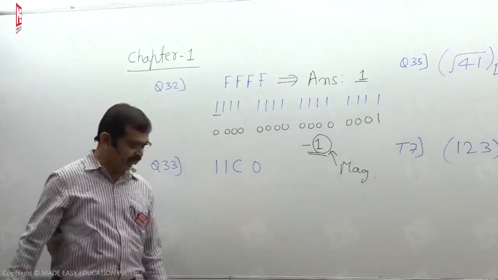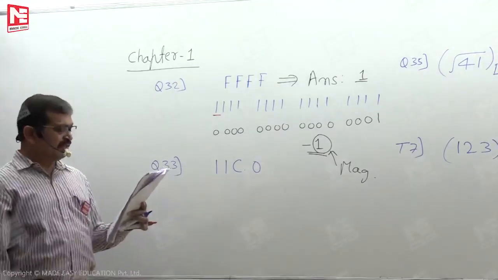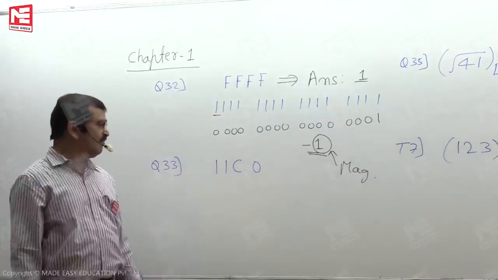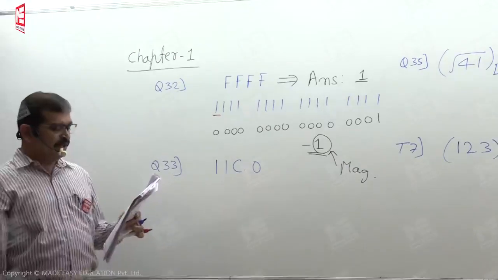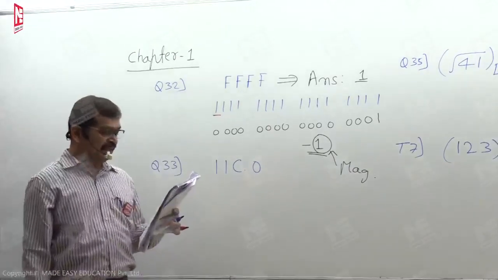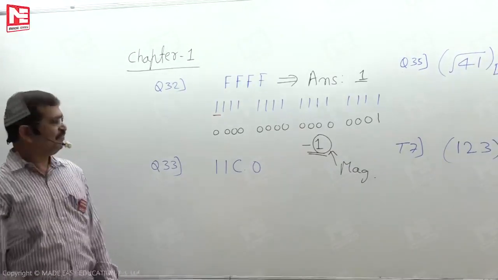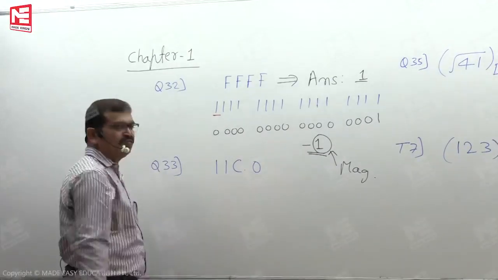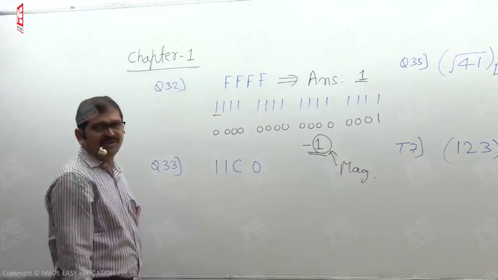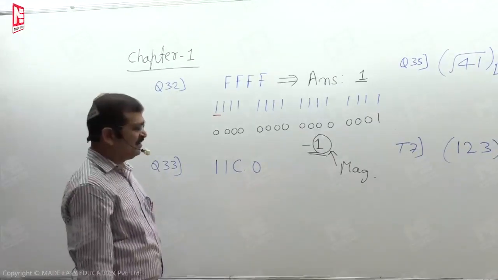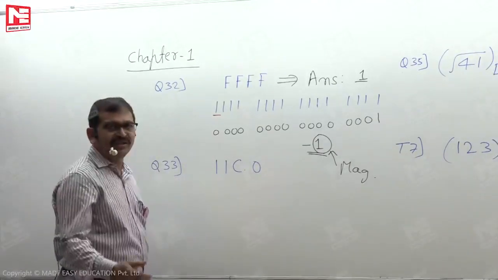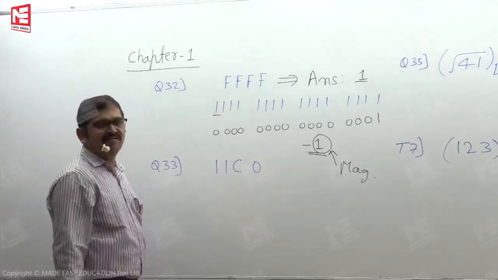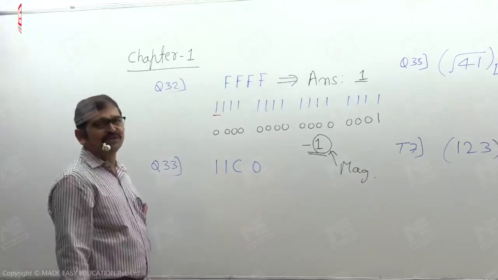Come to the next question, question number 33. The question number 33 is: the minimum decimal equivalent value of the number 11C0. So here we are having the usage of the symbol C. With the knowledge of the hexadecimal numbers, I said whenever the radix value, that is the base value, is greater than 10, from 10 onwards we are using some symbols.